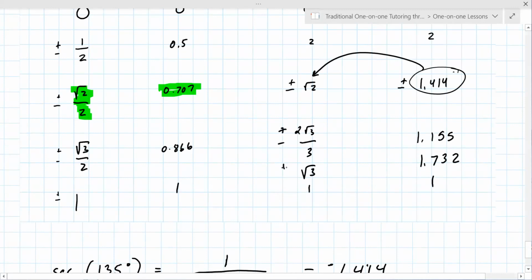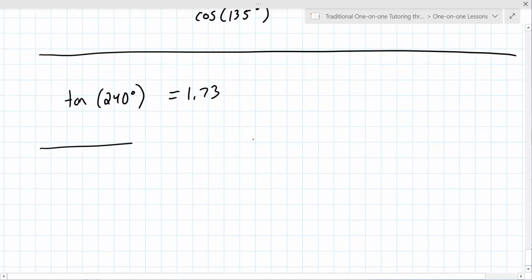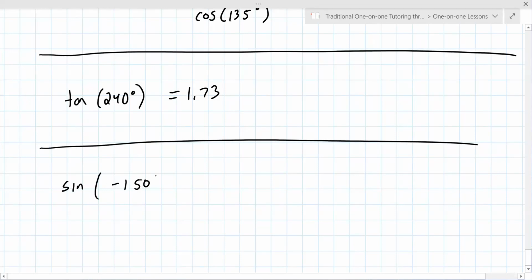Next one is sine of negative 150 degrees. Okay. So this one again, just go to your Desmos, enter it in.